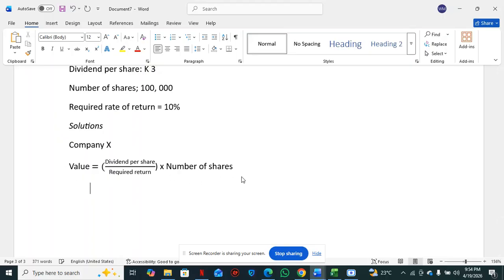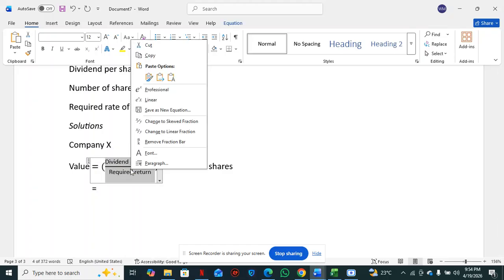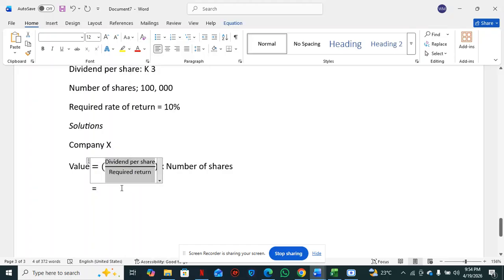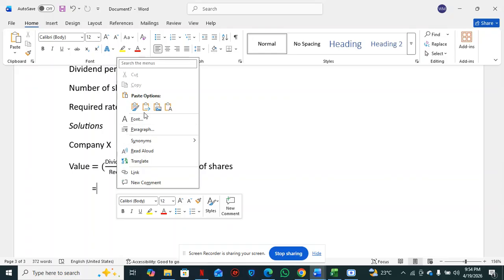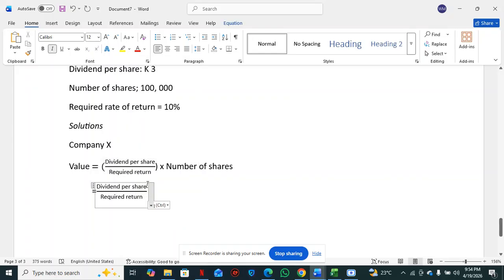So for company X, dividend per share, 1 kwacha 15 ngwe, divided by 10%. So 10%, you write it as a decimal, 0.1.